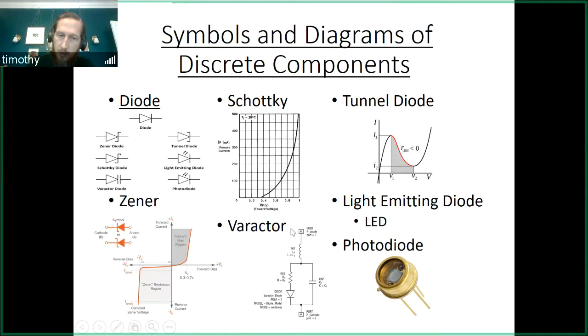Varactor, I think I'm saying that right. This circuit describes what it is, so it has a capacitor in line with the diode, and so it will work with these two in parallel. A tunnel diode, this one has a region where it's going to open up, and then as it approaches V2, it chokes off the current, and then once you get enough forward bias on it, it again overcomes that and releases the current and lets it flow through.